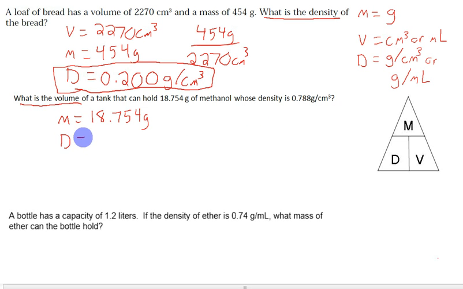So it tells us our density. And as we already determined, we need to know the volume, so that's what we'll solve for. That is mass divided by density. So I take my mass, write it over my density.